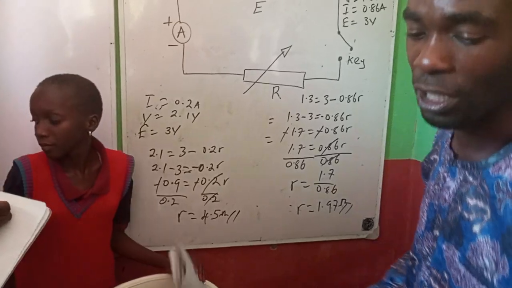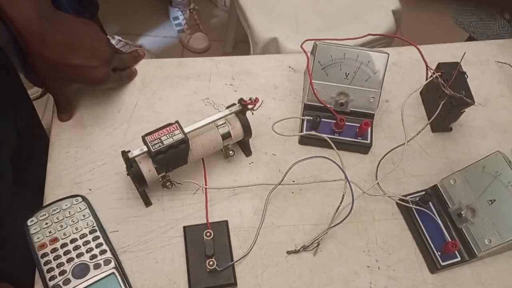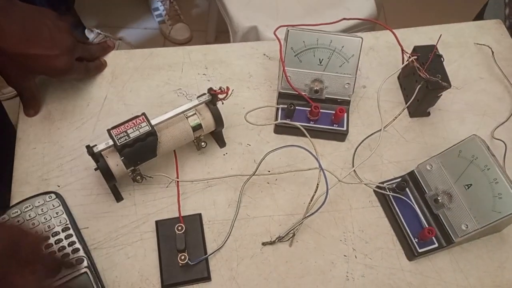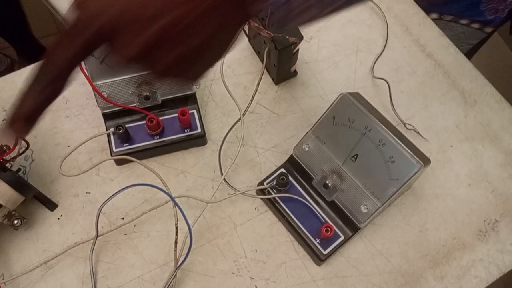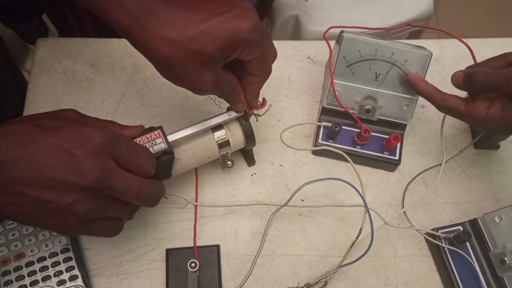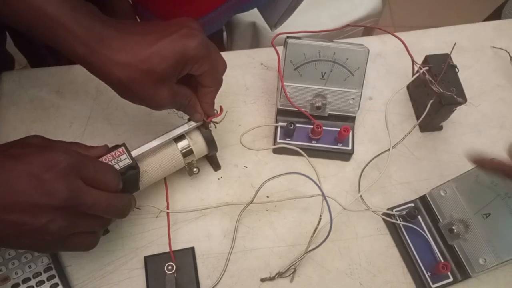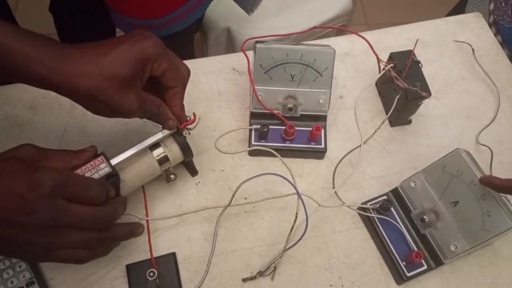Now, you can adjust the rheostat again. The more you are calculating, the more you adjust the rheostat again. You are adjusting the rheostat. As you are adjusting it, the voltage and the ammeter, they are all moving. Now, what is the value of the current?